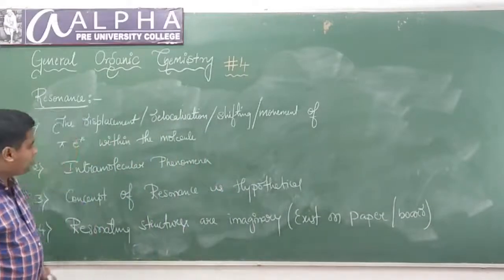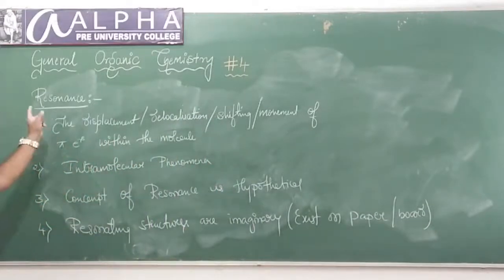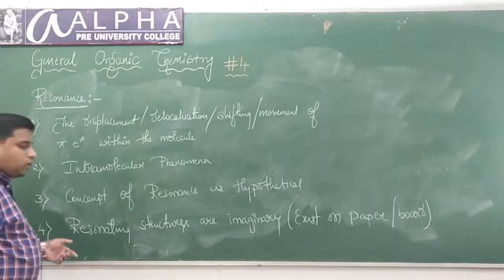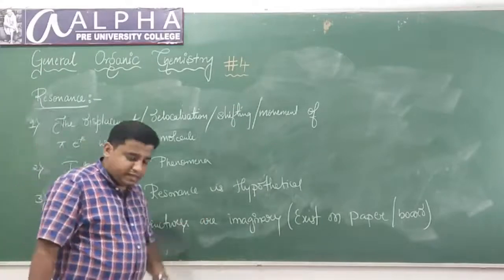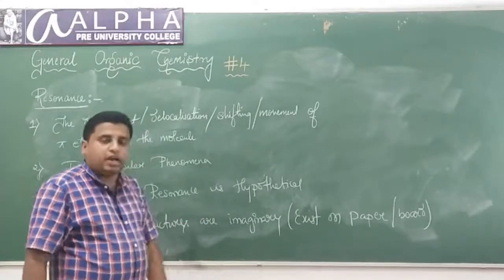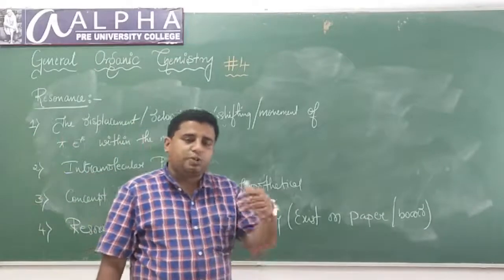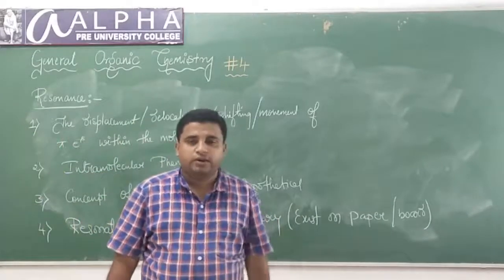Any doubts? So these are the few characteristic properties of resonance. I hope you understood. Now I am telling you that resonating structures are not the real structures. None of the resonating structures can explain all the properties of a particular molecule.